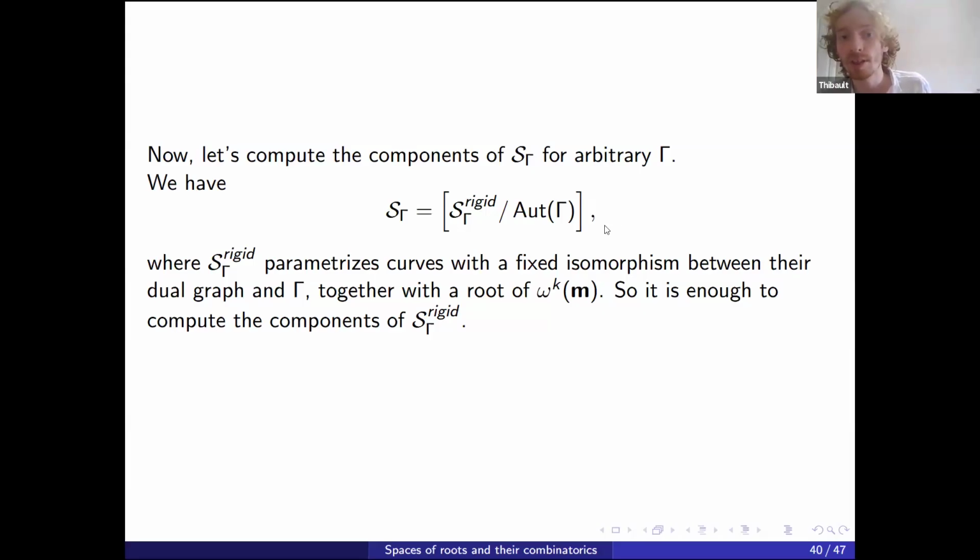Because of this quotient presentation, once I understand the components of S gamma rigid, I can basically just mod out the action of Aut gamma, and I will get the components of S gamma. So let's compute the components of S gamma rigid.